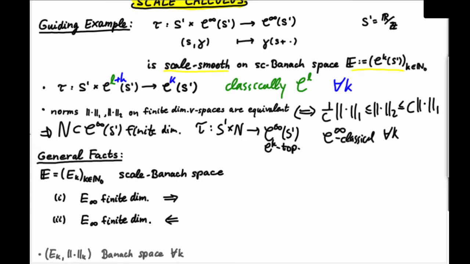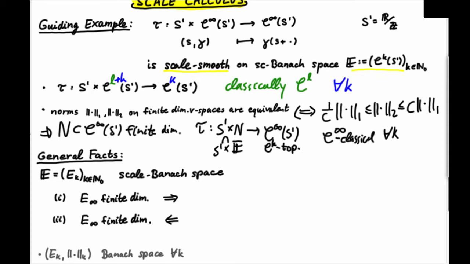But really secretly what happens here is that S1 times N is a scale submanifold of S1 times E. And the scale structure on S1 times E induces one on S1 times N. And then restrictions of scale smooth maps should be scale smooth with respect to the restricted sc structure.